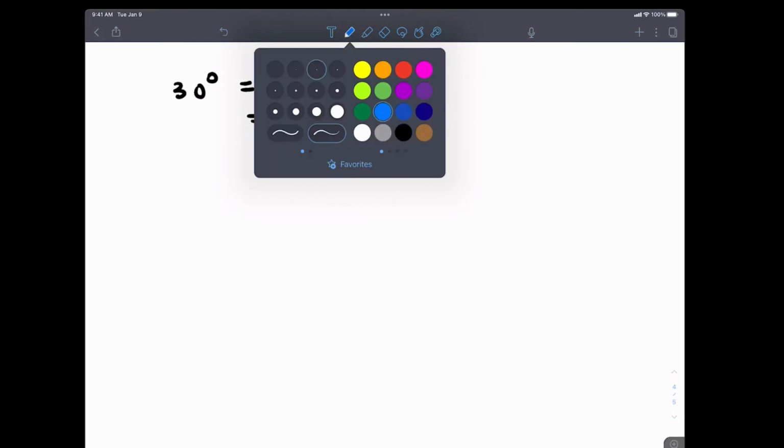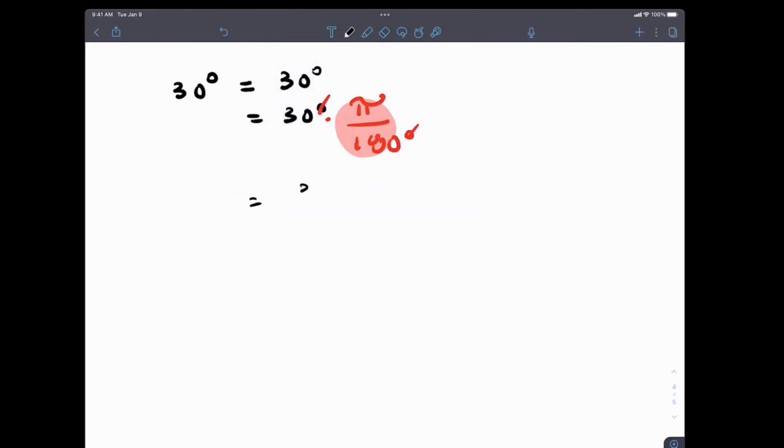But this now becomes what? 30 times pi over what? 180. The degrees are gone, ladies and gentlemen. The units are gone. Do you guys know something about 30 over 180? How many times does 30 go into 180? 6 times.